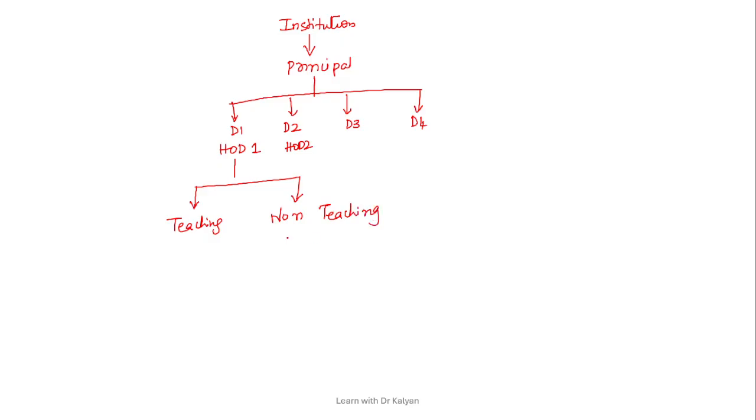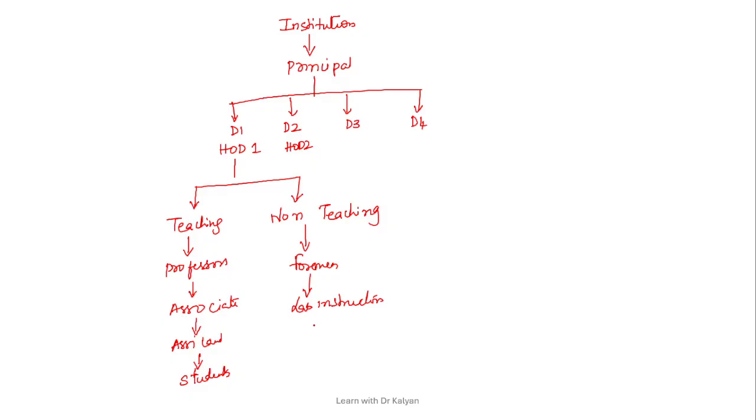Under teaching faculty, we may have professors, associate professors, assistant professors, and under them the student community. Under non-teaching faculty, we have foremen, lab instructors, and attenders.